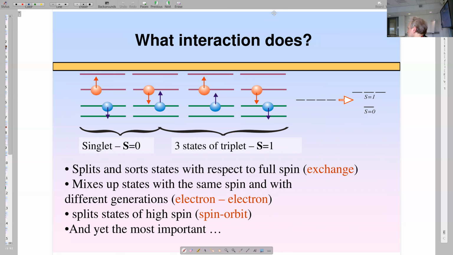What interaction does is arrange it so that actual states are linear superpositions of these non-interacting states. It is important that interaction splits the states with respect to spin, the exchange interaction.